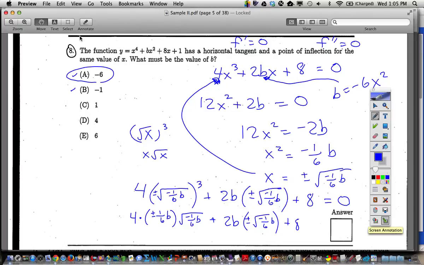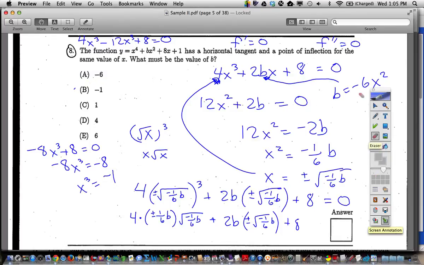So now we get 4x cubed minus 12x cubed plus 8 equals 0, which is negative 8x cubed plus 8 equals 0, so negative 8x cubed equals negative 8, x cubed equals negative 1, and so x would equal negative 1. Oops, I didn't circle that. So we end up with B.